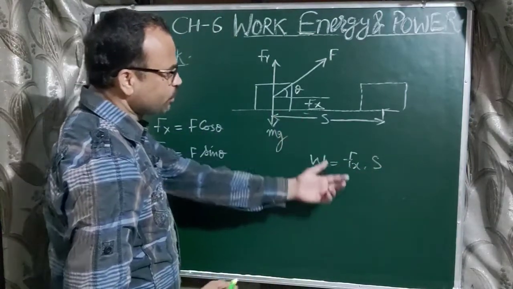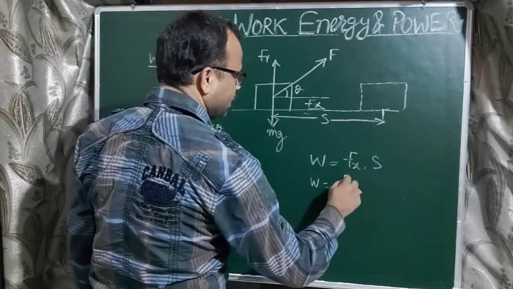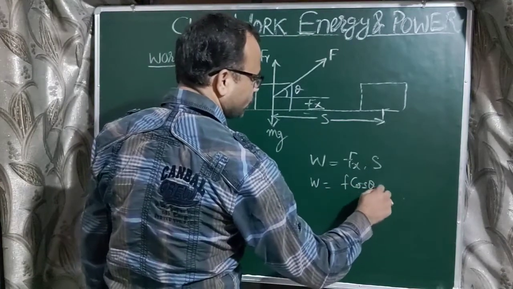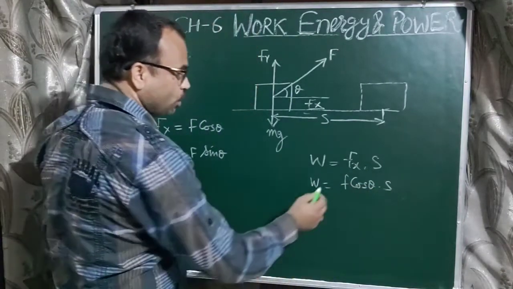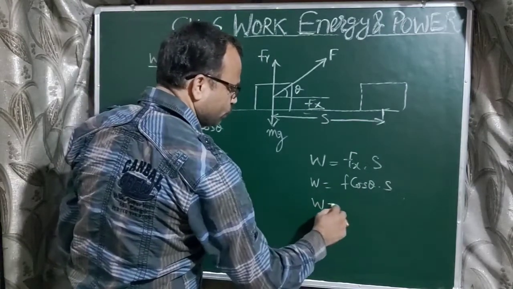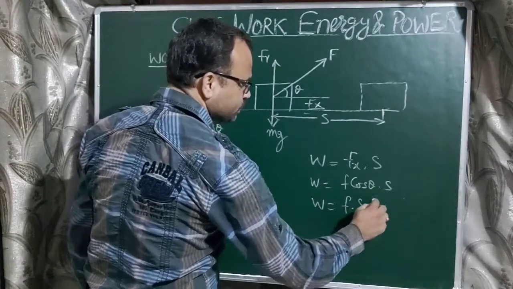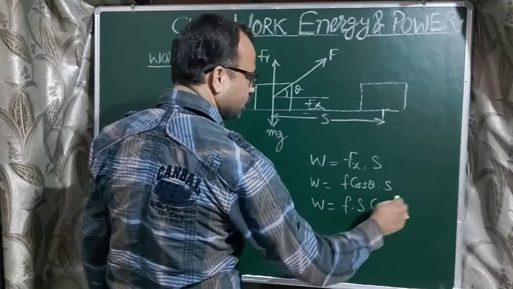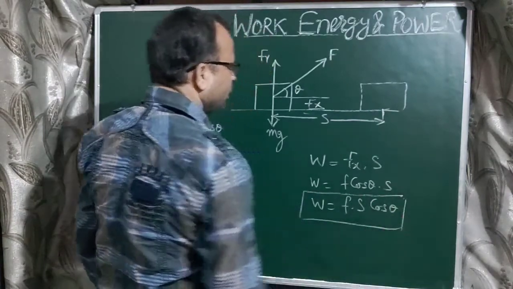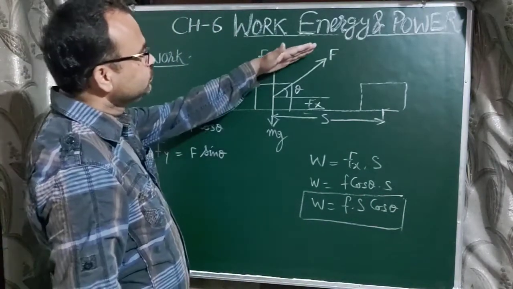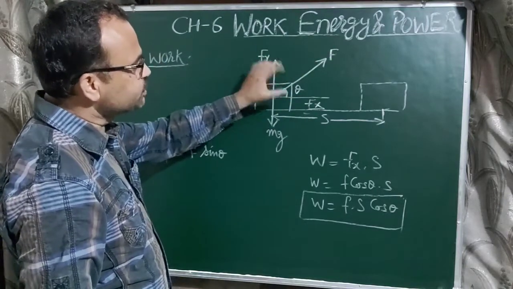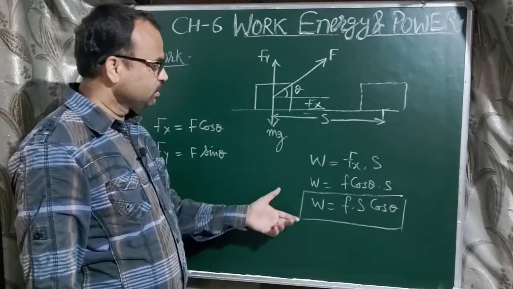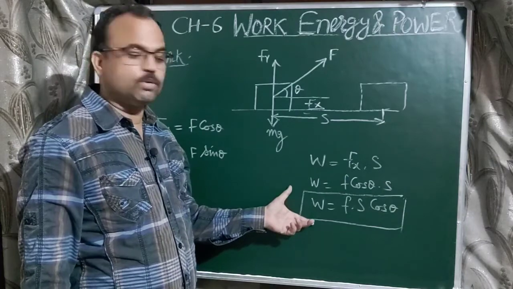Putting the value of horizontal component F cos theta into S, this can be written as W equals F into S into cos theta. If the angle between force and displacement is theta, then by this formula we can calculate the work done.